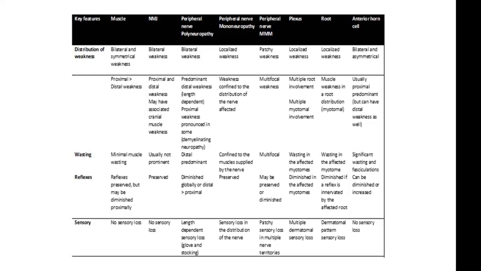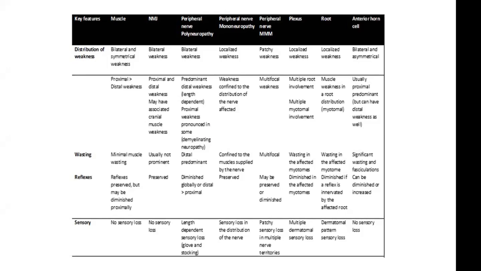And then finally, sensory loss is again distal predominant. So it has a length dependent pattern. The longest nerves are affected first. So polyneuropathy is distal predominant, more than proximal.